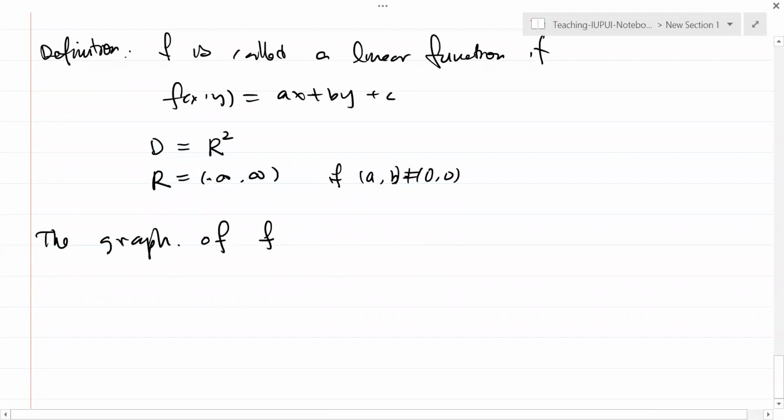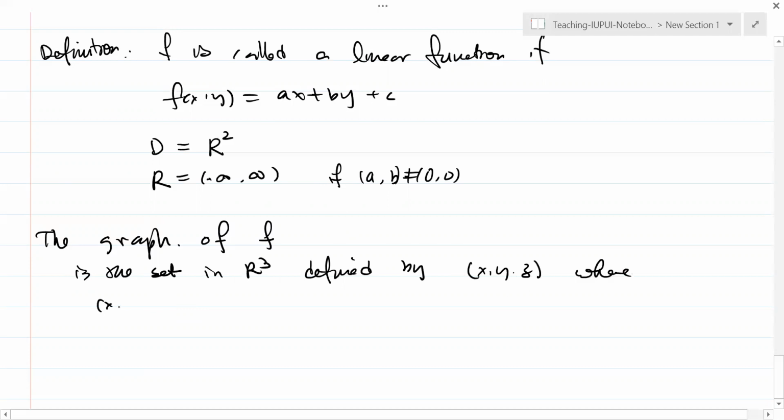This is going to be the set in R3 determined by the coordinates (x, y, z), where x, y are in the domain D, and z is always given by this formula.